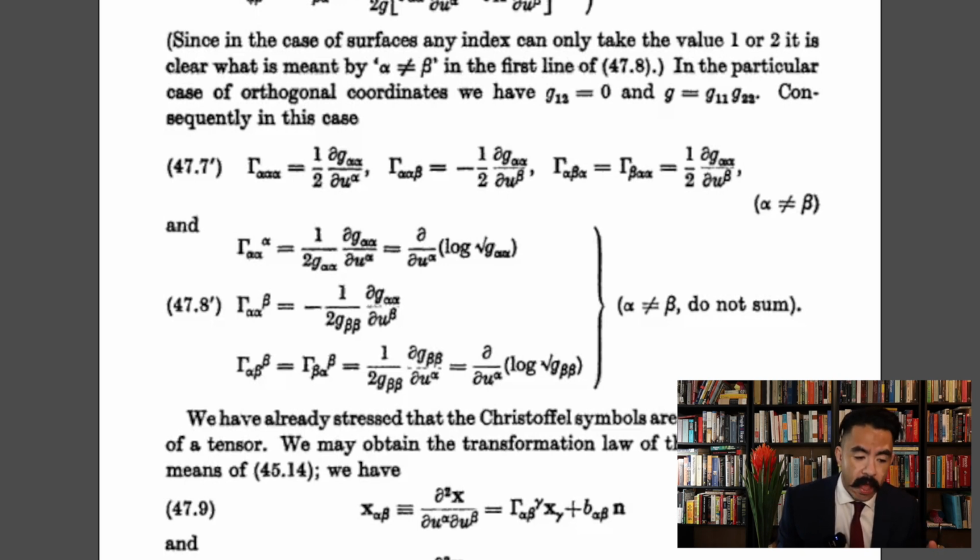And finally we have Christoffel sub alpha beta superscript beta, which is the same as Christoffel sub beta alpha superscript beta, which is then equal to 1 over 2 times g sub beta beta then times partial g sub beta beta partial u alpha, which is equal to partial with respect to u alpha of the logarithm of the square root of g sub beta beta. And in all three of these cases, alpha does not equal beta and do not sum.